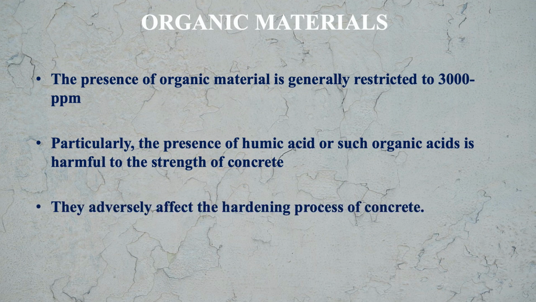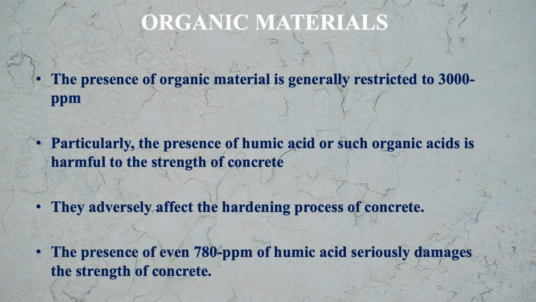They adversely affect the hardening process of concrete. The presence of even 780 ppm of humic acid seriously damages the strength of concrete. So that way, organic materials should be avoided in the water that is being used for manufacturing of the concrete.